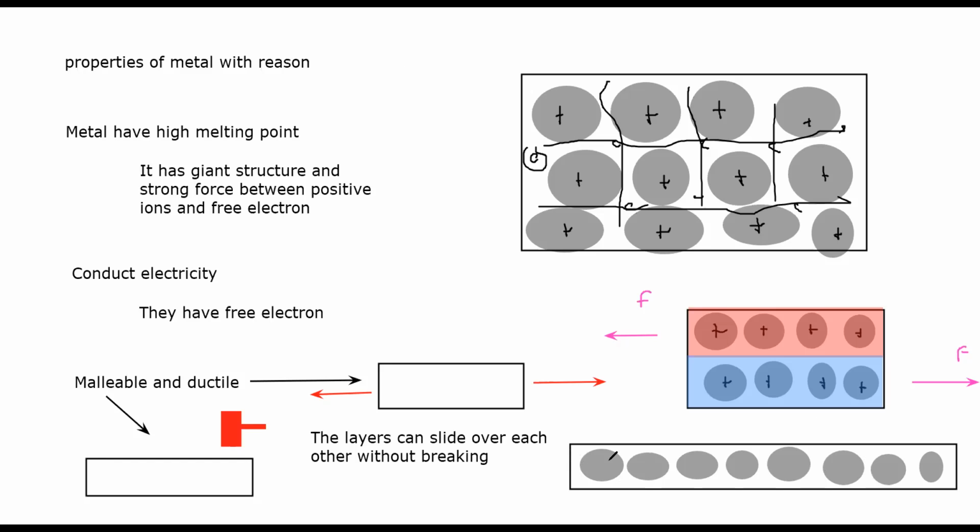This was a positive ion, and the layers did not break. Otherwise, if it broke, then the metal would snap or have a crack on it. The red one represents the first layer, and the blue one represents the second layer. So actually what happened is layers slide over each other and change as one layer, one coming after the other. Is it clear?